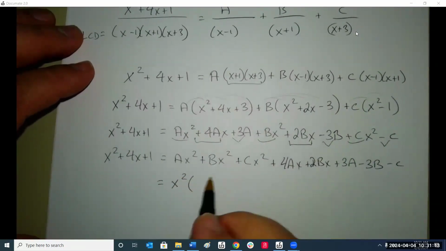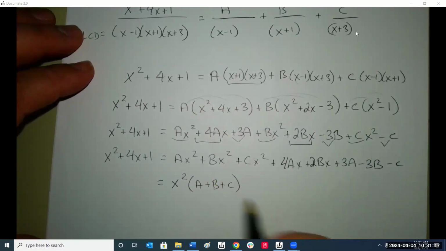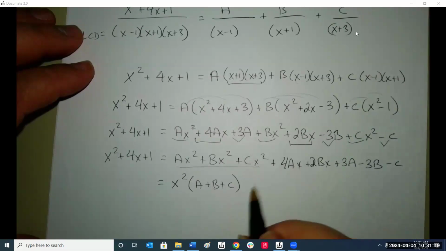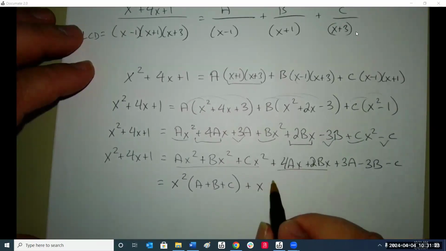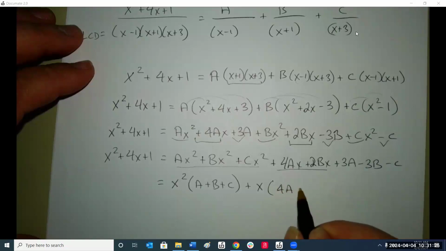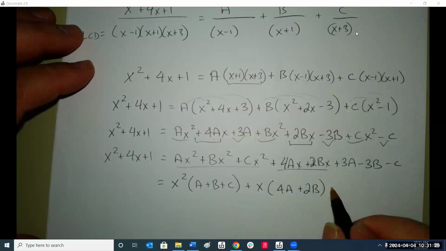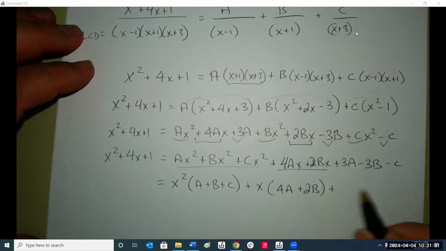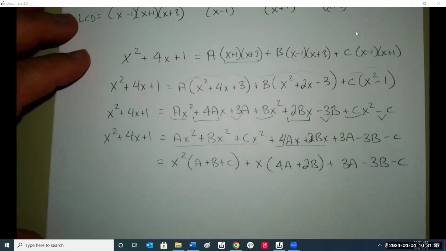So x squared is made up of a plus b plus c. The x's are made up of 4a plus 2b. And the constants are 3a minus 3b minus c.